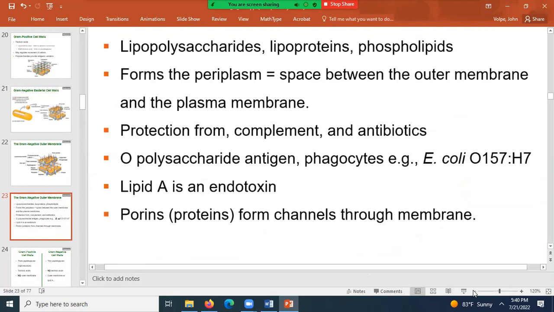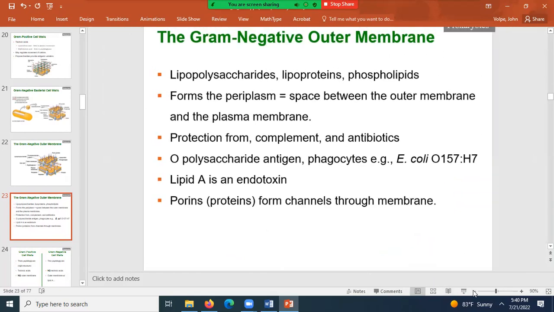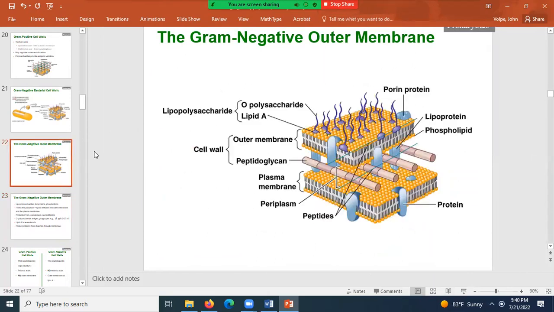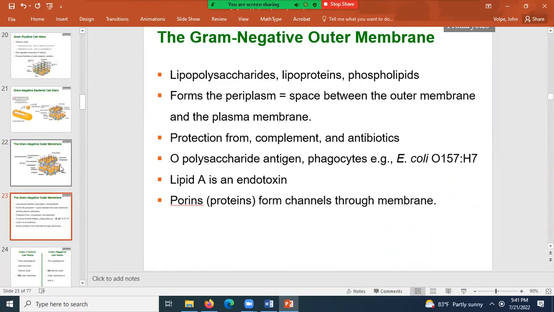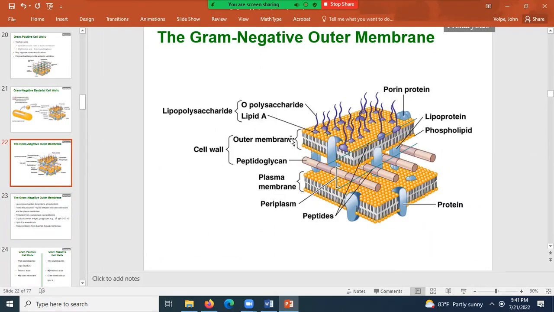Let's see if I've talked about everything here. In the gram-negative cell wall, you can have lipoproteins, lipopolysaccharide, which the one we're talking about is the lipid A, and the O polysaccharide being the lipopolysaccharide. And then the phospholipids, which is the main molecule of the outer membrane.